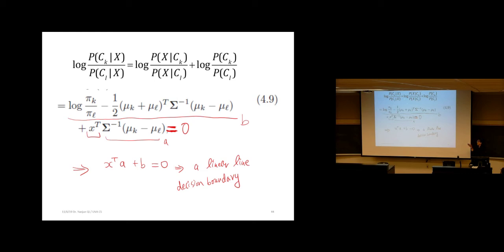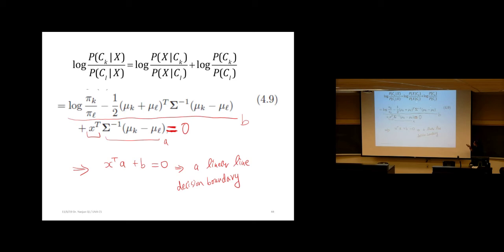And this is what you get if you have LDA. The log density ratio has this format, and I'm setting it to be 0 because log density equal to 0 is the decision points. All the decision points of my LDA follow this formulation.